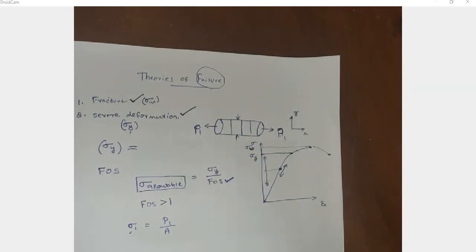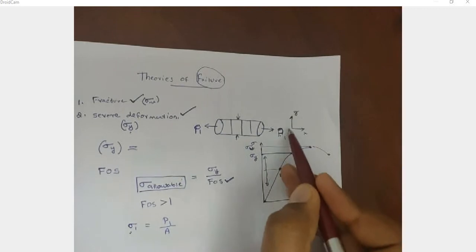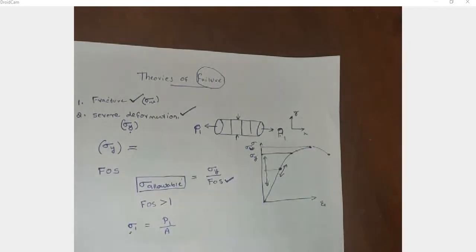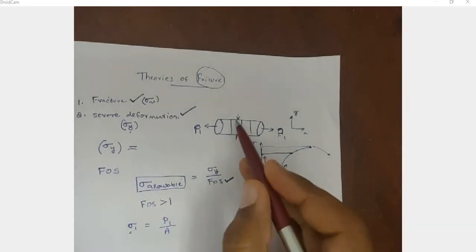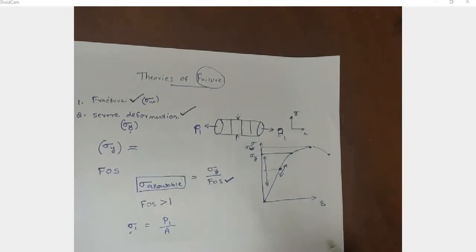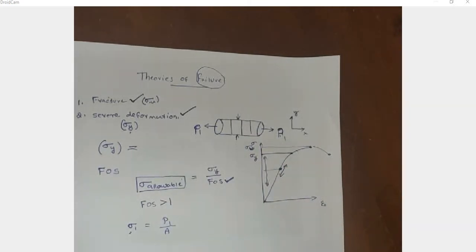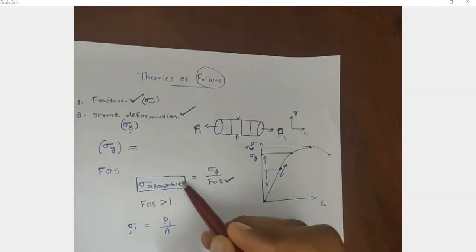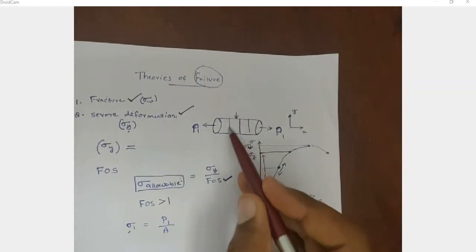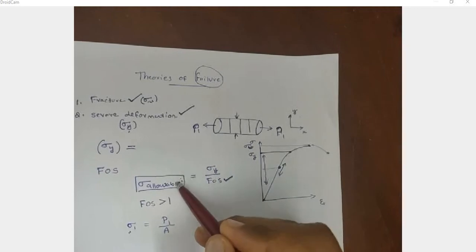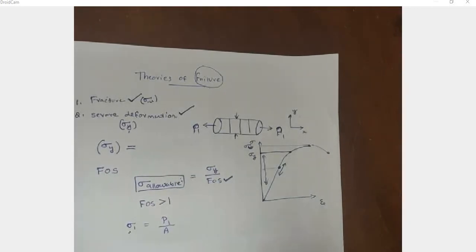So the limiting condition is the sigma allowable value. If the stress developed across any cross section of the bar crosses the sigma allowable value, then there will be a failure.